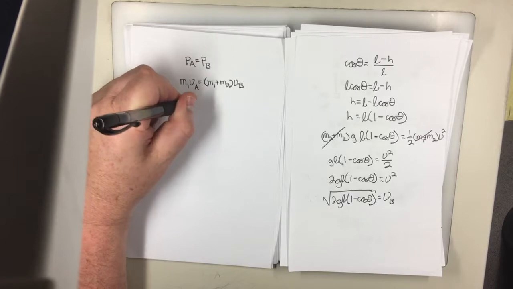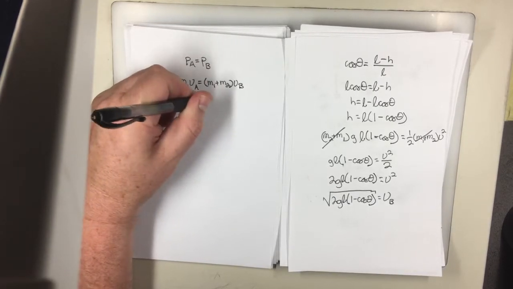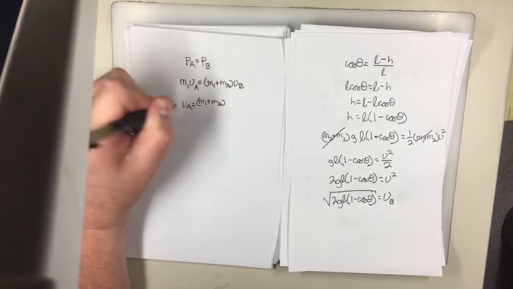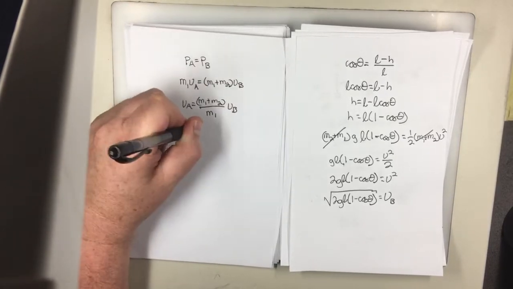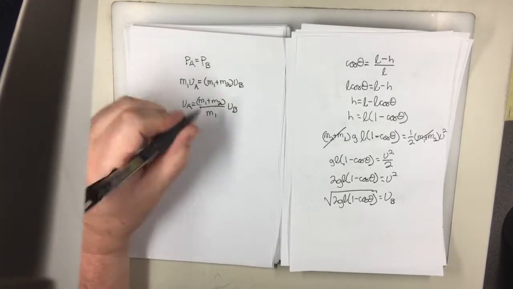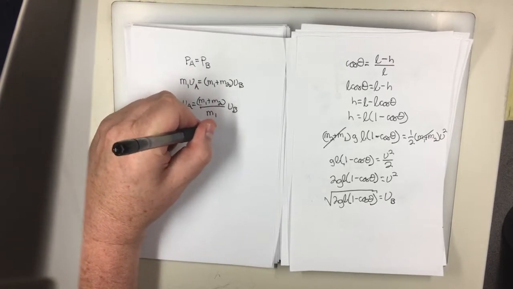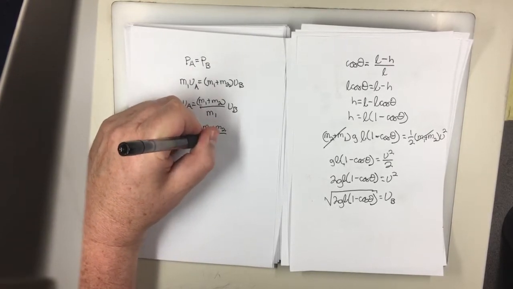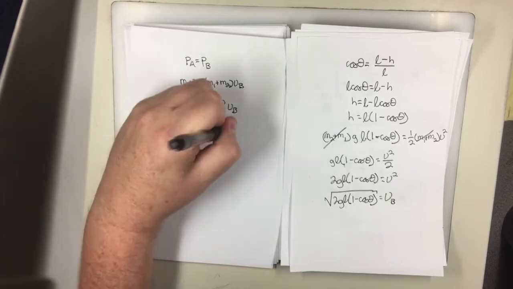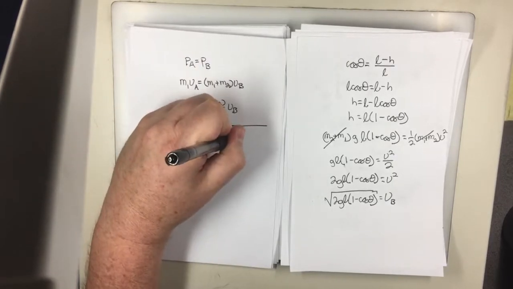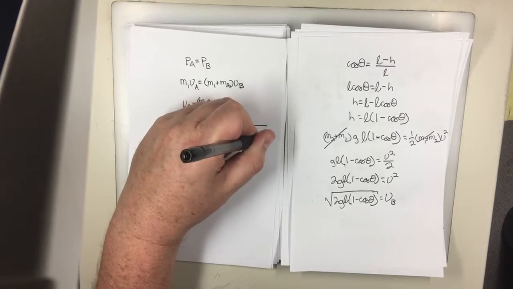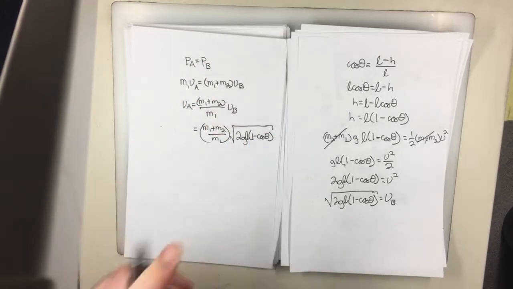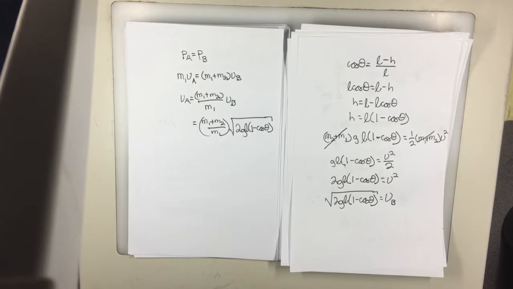The VA is (M1 plus M2) over M1 times VB, which means that this is (M1 plus M2) over M1 times the square root of 2 g L (1 minus cosine theta). And so we have VA.